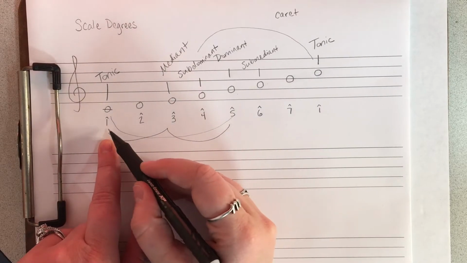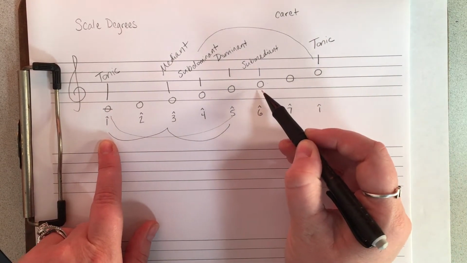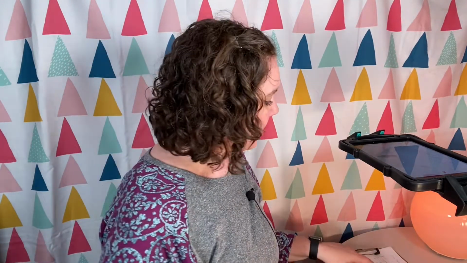You can also think of mediant as 3 above tonic and submediant as 3 below tonic. So remember, yes, sub means below, but you have to know it's sort of really above and below tonic, as opposed to the way that I'm showing it here where it goes from tonic to tonic.